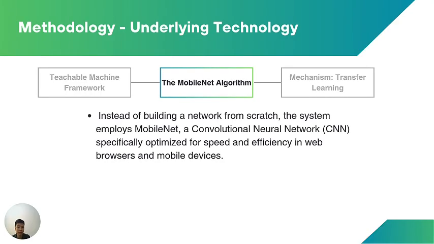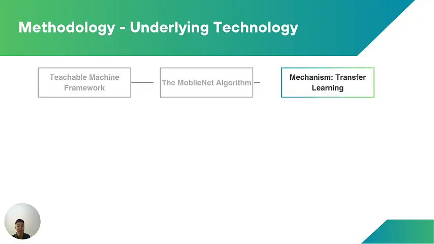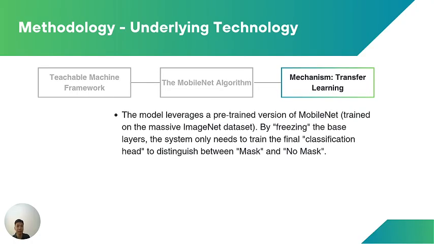For the MobileNet algorithm, instead of building a network from scratch, the system employs MobileNet, a convolutional neural network, specifically optimized for speed and efficiency in web browser and mobile devices. And the last one for the mechanism, which is transfer learning.